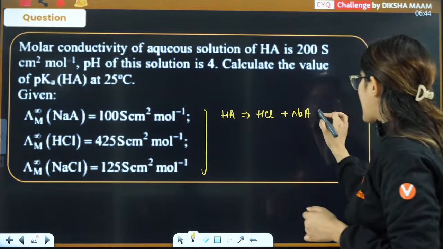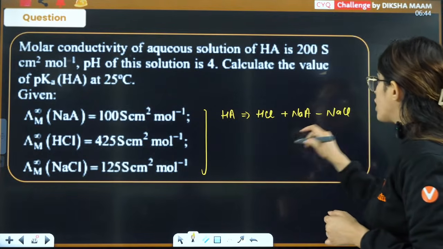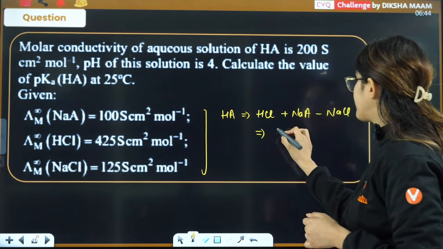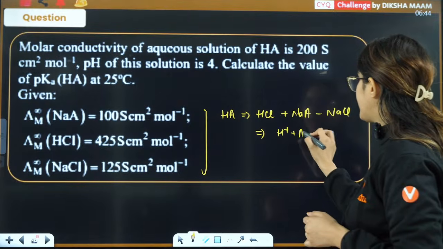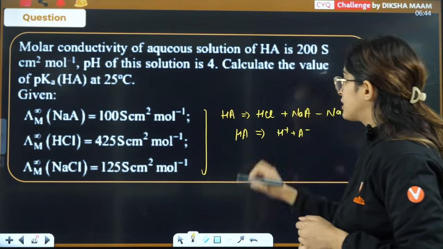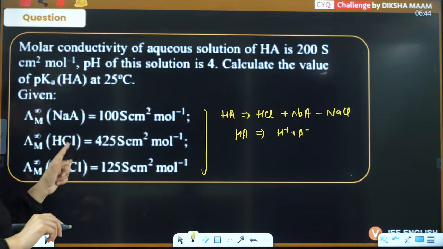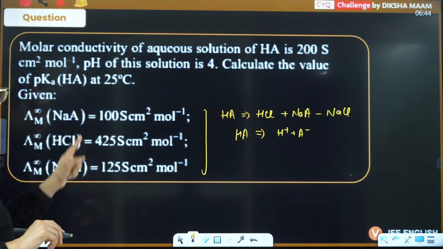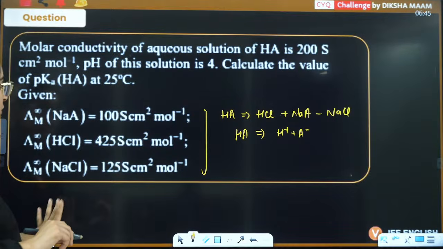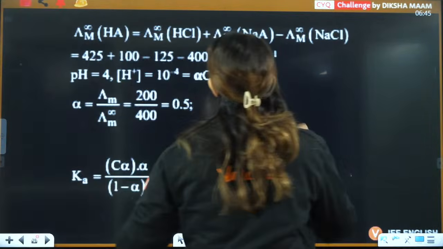And you will subtract NaCl from here, so that in the end you are left with only H positive and A negative, that accounts for HA. So you will add the infinite molar conductivity of HCl and NaA, then subtract NaCl from there, you will have the infinite molar conductivity here.